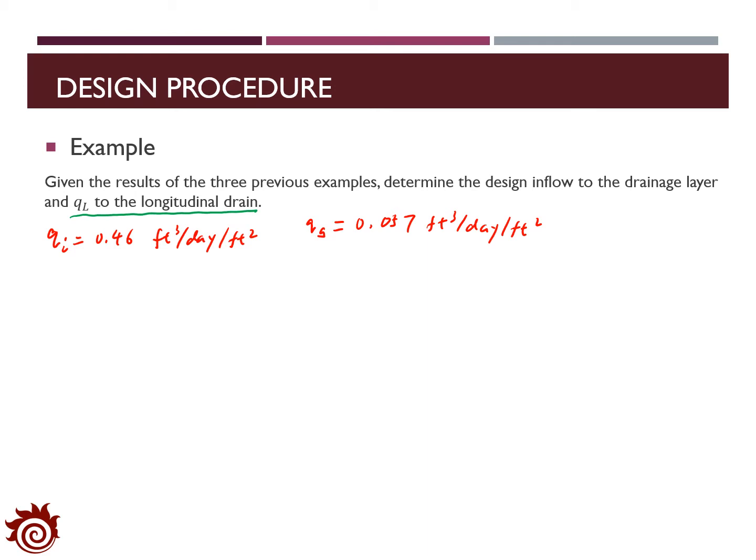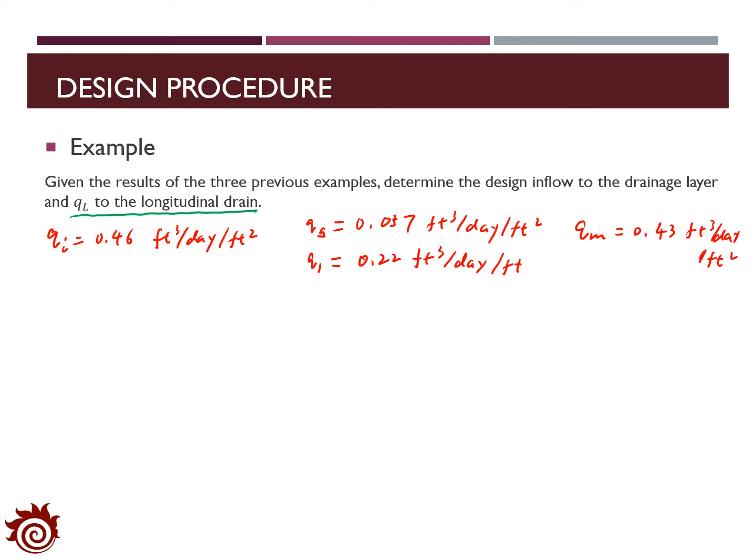We also find that Q1 caused by the groundwater, which is the longitudinal drain, is 0.22 feet cube per day per feet. And at last, for the meltwater, we have Qm equal to 0.43 feet cube per day per feet square. With all this information, we can then estimate the design inflow.